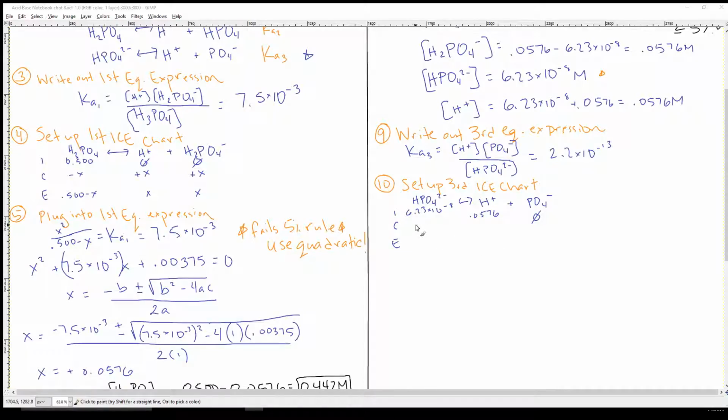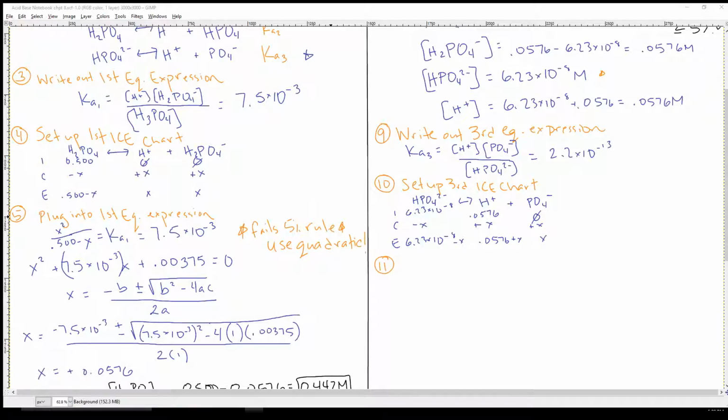Okay, once again, assume my x's because I don't know any equilibrium concentrations. So I get 6.23 times 10 to the negative 8 minus x, 0.0576 plus x, and just x. So that was step 3, or actually step 10. I'm not sure where the number 3 came from.